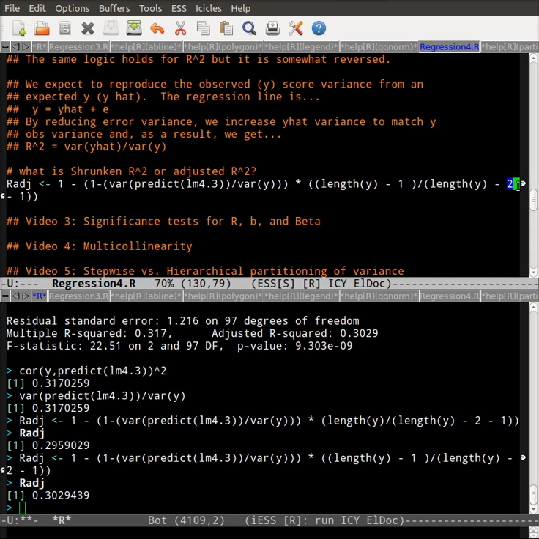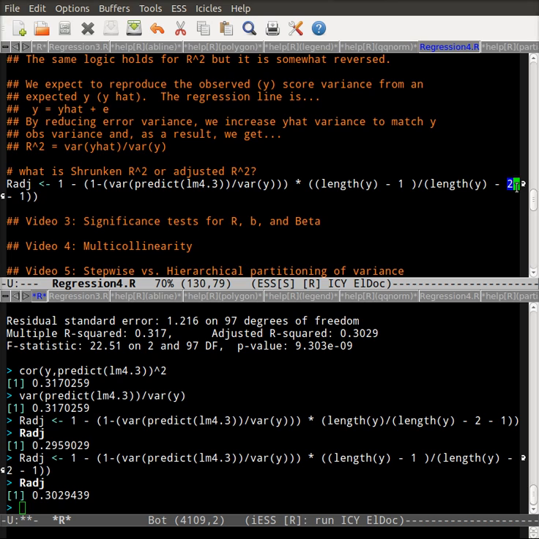Now this 2 will change given the complexity of the model. The more predictors I have in the model, k increases. Now what happens when k increases? As you have more predictors in your model, because it's in the denominator here, and you can refer to page 84 in Cohen and Cohen, West and Aiken, you'll see that they have the equation for shrunken r squared or adjusted r squared.